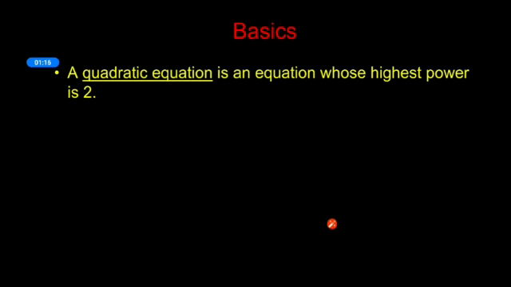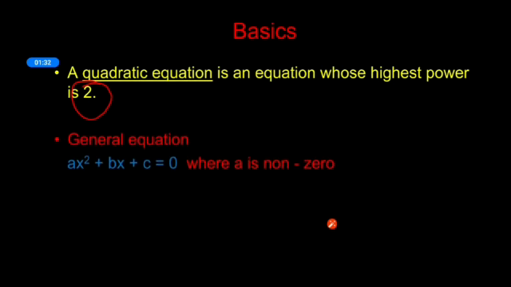So anytime you have an equation whose highest power is 2, that is a quadratic equation. The general equation is ax squared plus bx plus c equals 0, where a is non-zero.